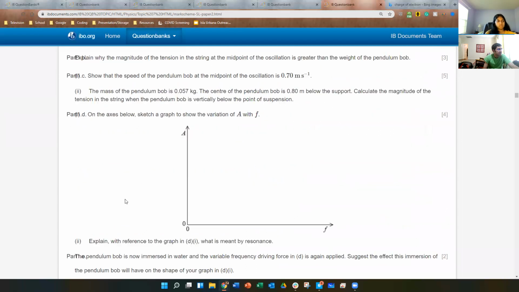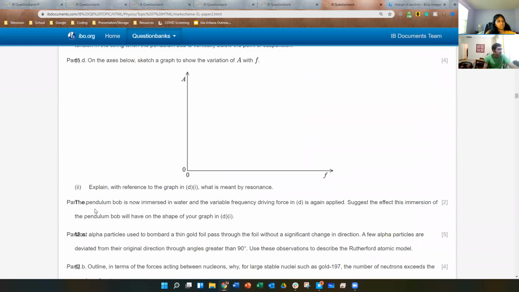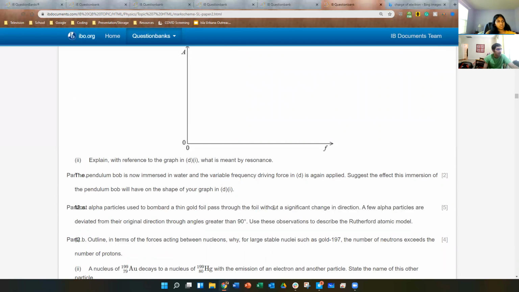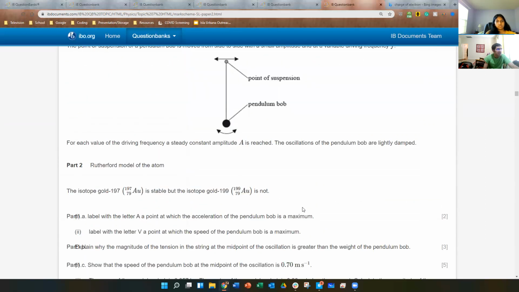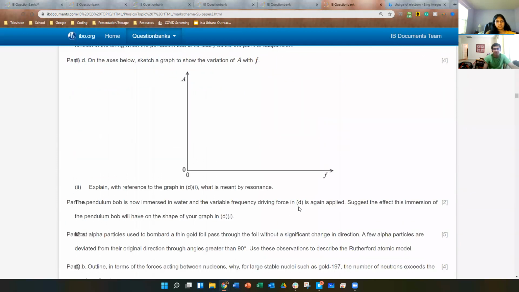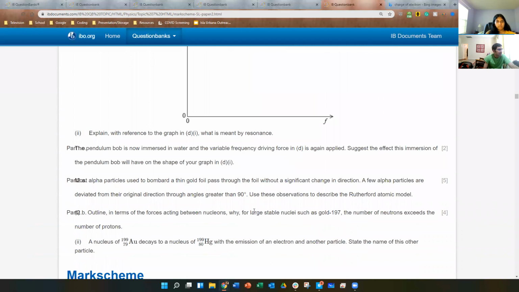It says the alpha particles used to bombard a thin gold foil pass through the foil without. Is this how it's going to be on the exam, where they give you two parts all at once that have nothing to do with each other? Because that's kind of annoying. Yeah, I don't know. Okay. Few alpha particles are deviated from their original direction. Use these observations to describe the Rutherford atomic model.